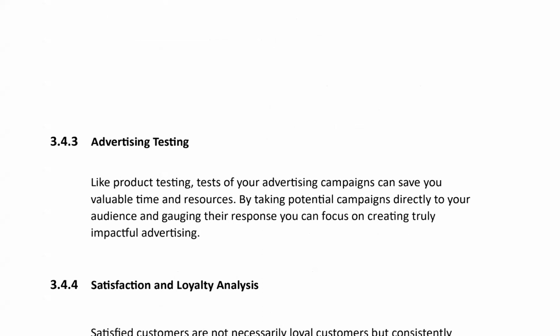The other form of marketing research is advertising testing. So with advertising testing, it's like product testing, right? Tests of your advertising campaigns can save you valuable time and resources.